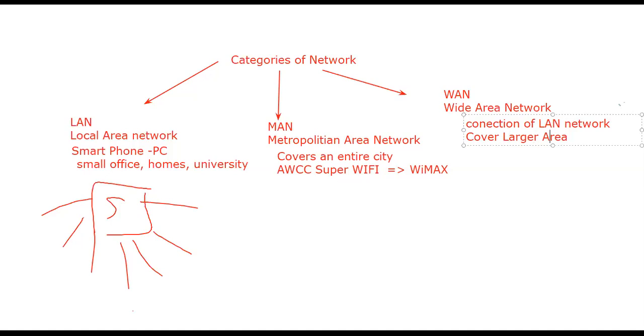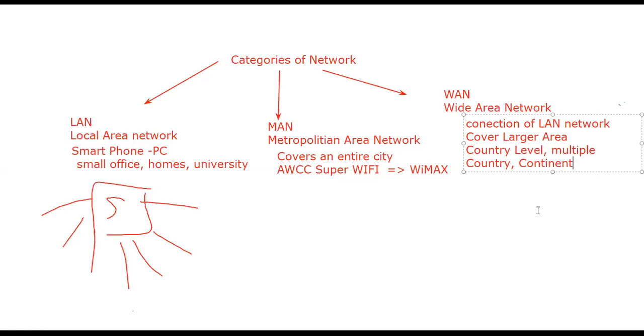How large? One covers a country level, an entire country. Or maybe more than a country, maybe one network covers multiple countries, maybe it covers a continent. So it covers a larger area.